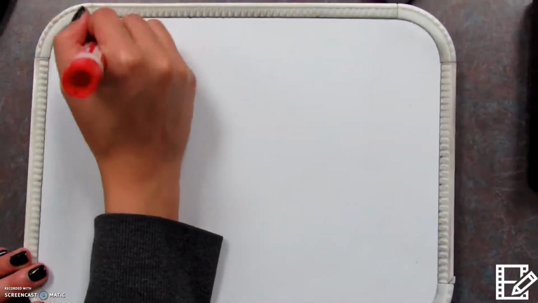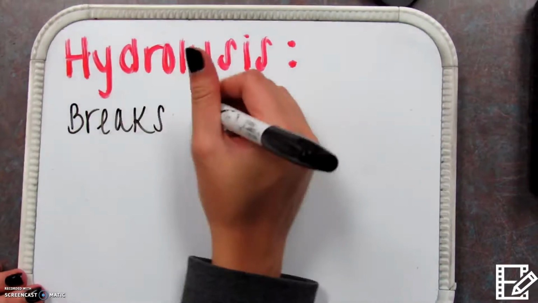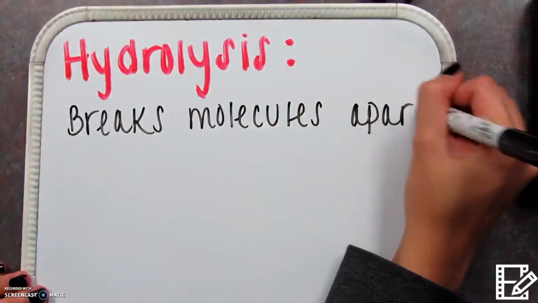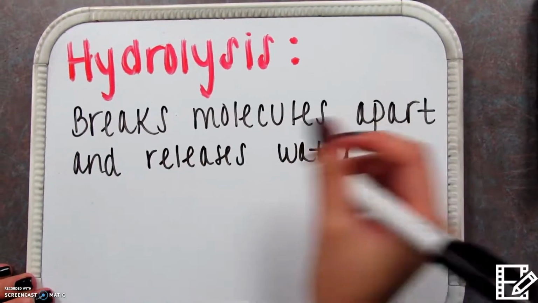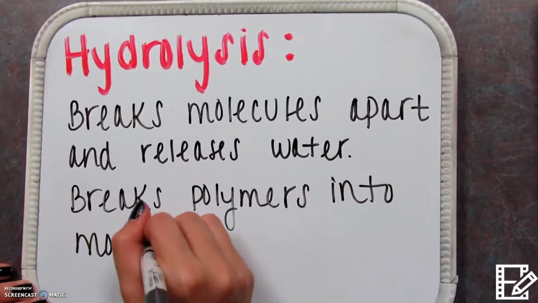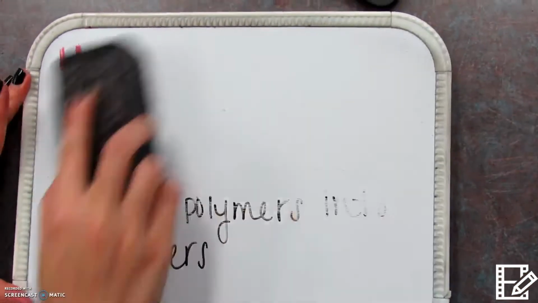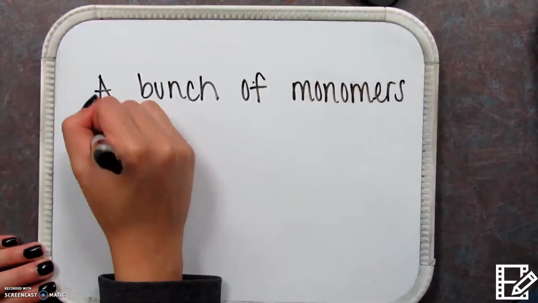And hydrolysis, which breaks molecules apart and releases water. They break polymers into monomers. A bunch of monomers make up a polymer.